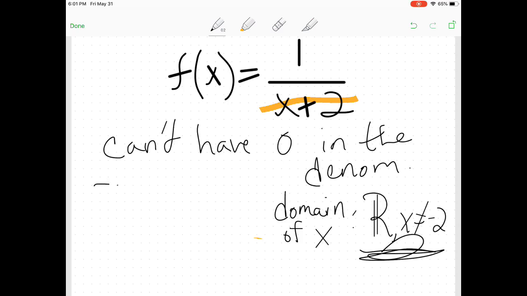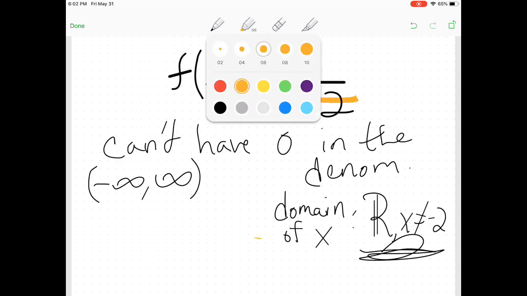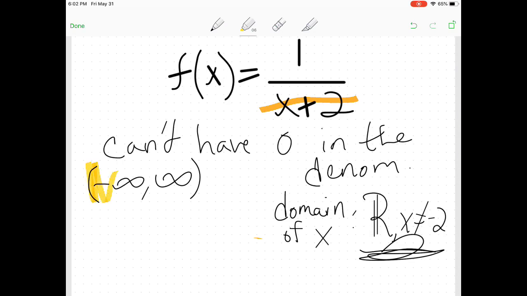Well, I know all reals is -infinity to infinity, but now I want to exclude the value -2. So I'm going to split it up. Let's go -infinity up to -2, this being my lower bound still, and now this is my upper bound.